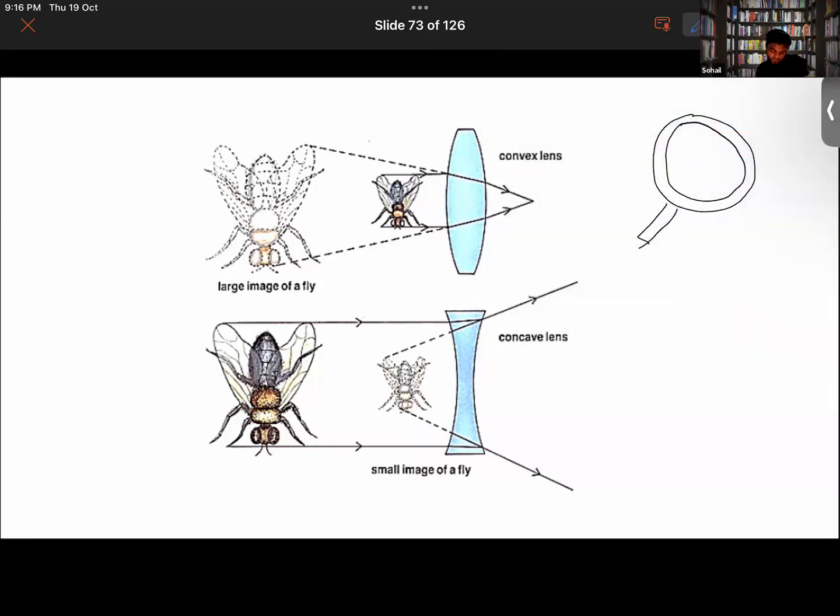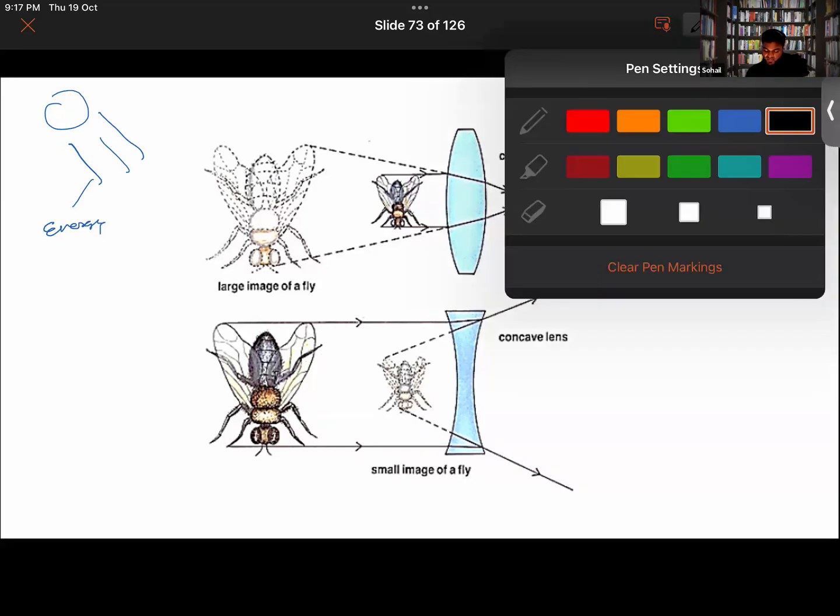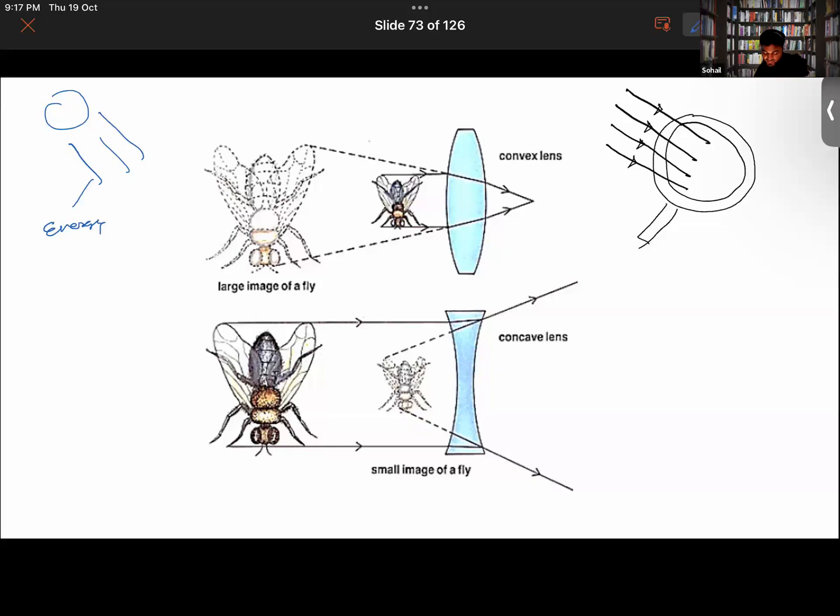Whatever light rays come from the sun, they have energy in them. Just to take an example, I have taken four of the sun's rays, and they pass through this convex lens and then converge at a point.